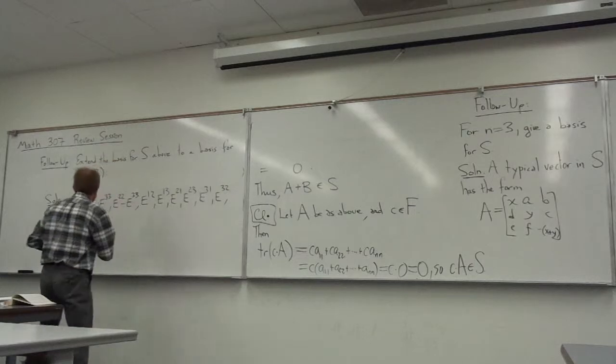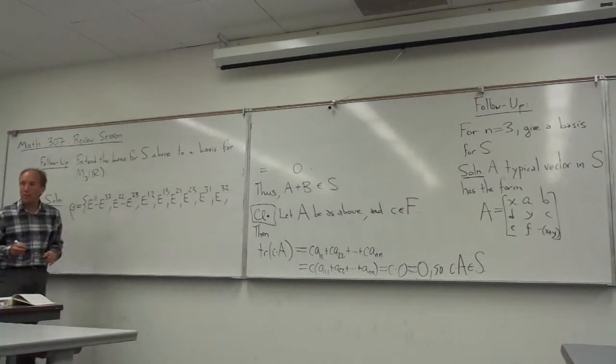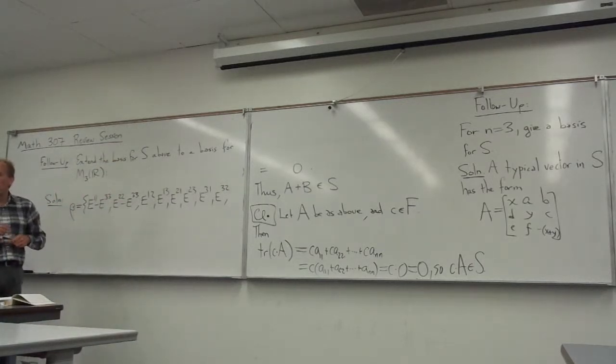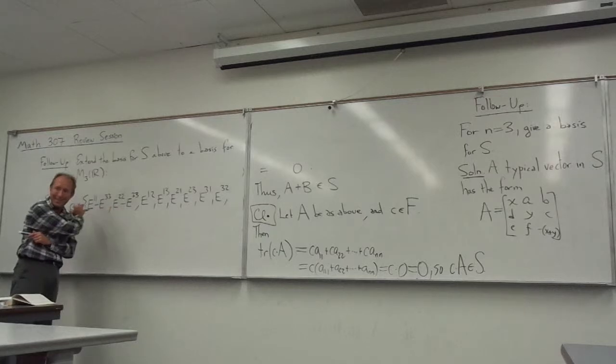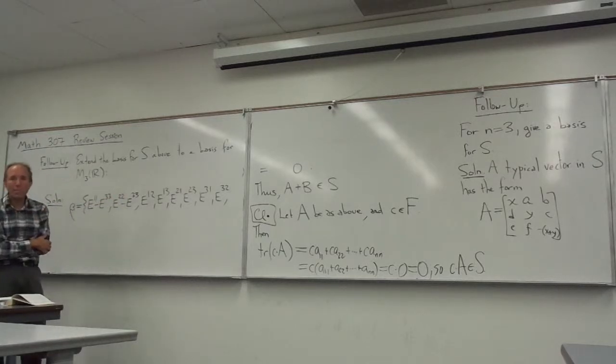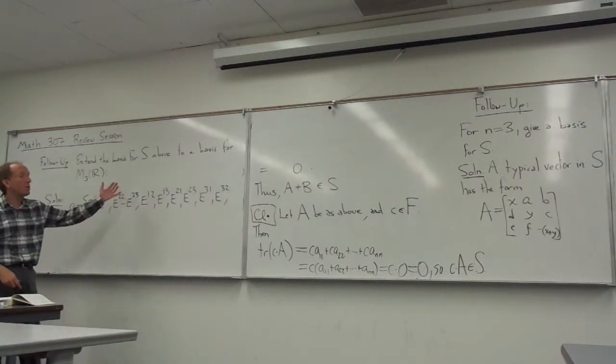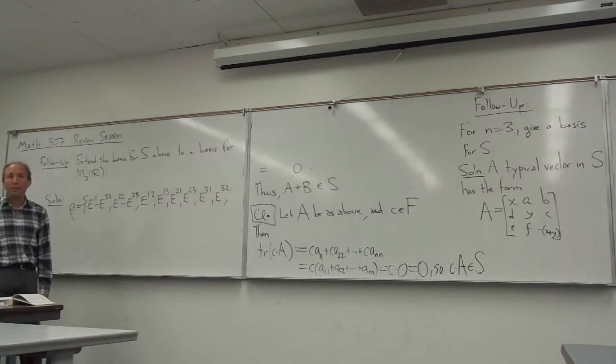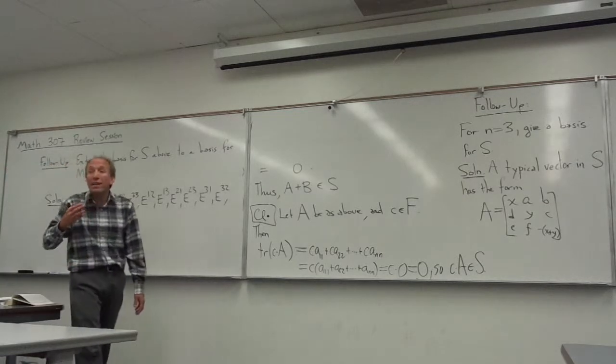We're looking for a vector that's not here, that's part of M3. At this point, we can basically just throw in any vector that's not in S. That would just be any vector that does not have a trace of 0.